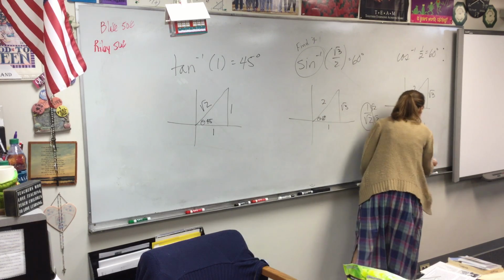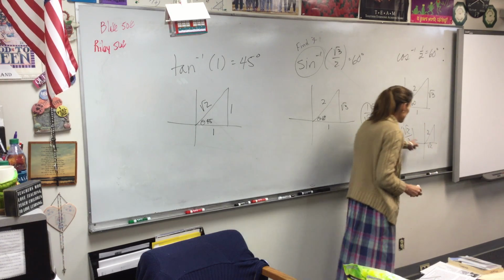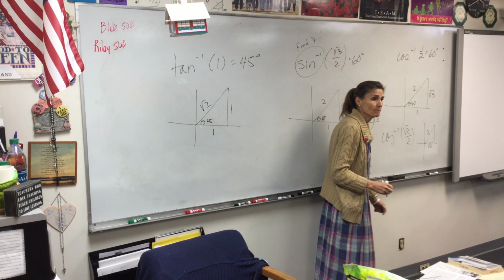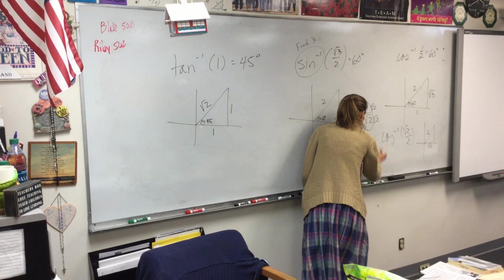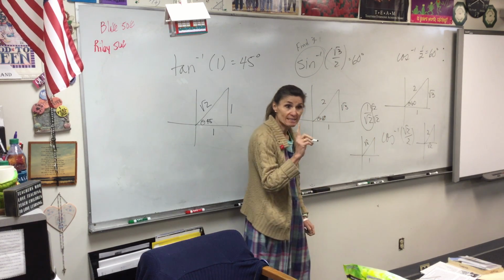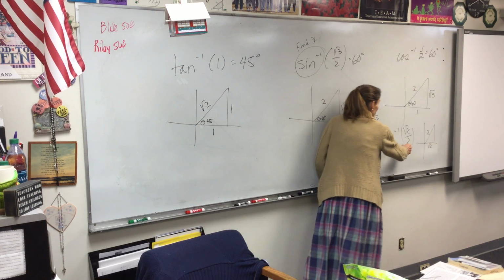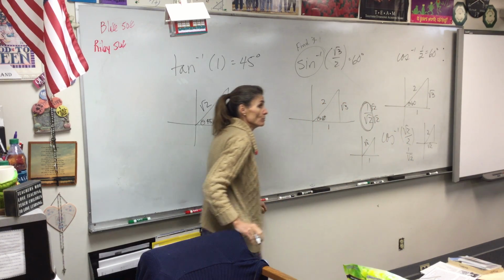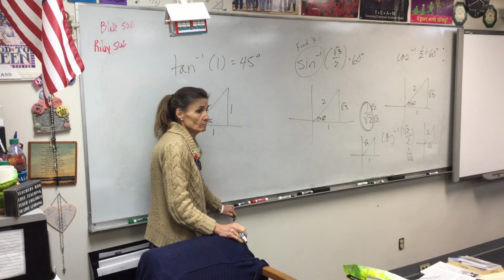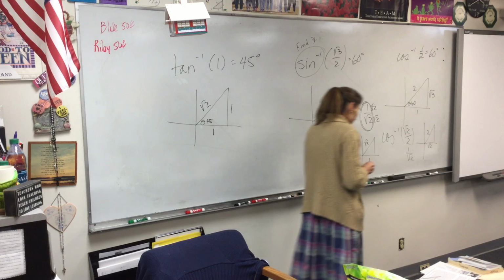Because otherwise you're going to draw it, and you're going to say, wait a minute, I don't have any triangle that has a root 2 over 2. Well, you don't. Your triangle has a 1 and a root 2. But they're the same. It's just easier to think of it in this form. So when you see root 2 over 2, remember that's the same as 1 over root 2. Okay? All right. You should have enough to get going.